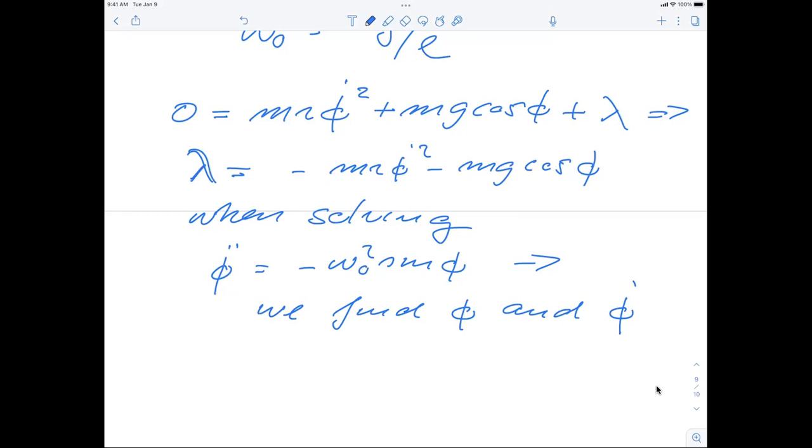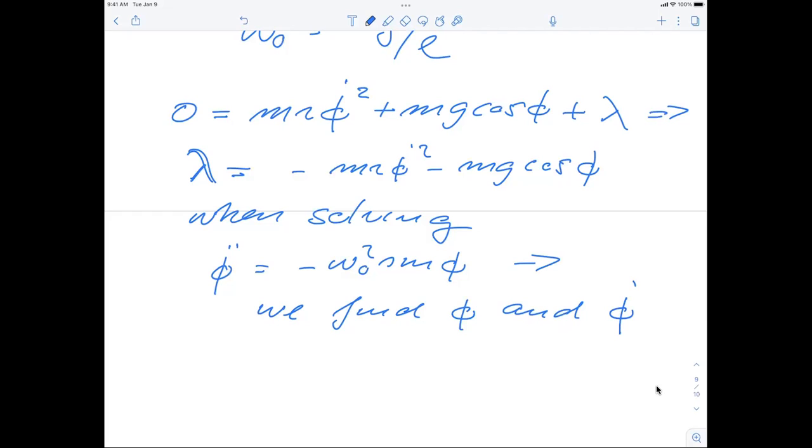Now, what does this parameter lambda actually express for us? If you think back to what we did on Friday, we found that lambda meant something. If you look at this parameter lambda, what does it actually represent? It's an external force.